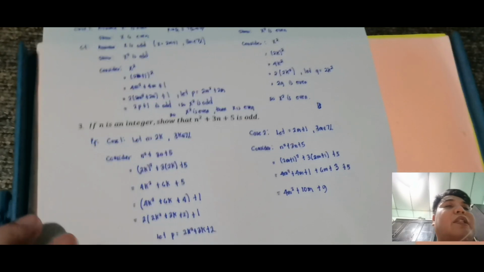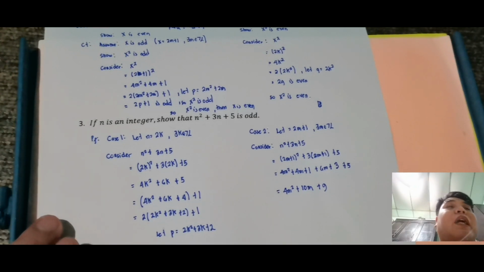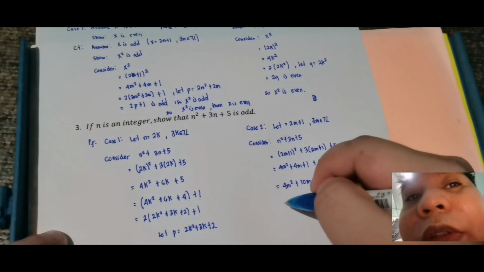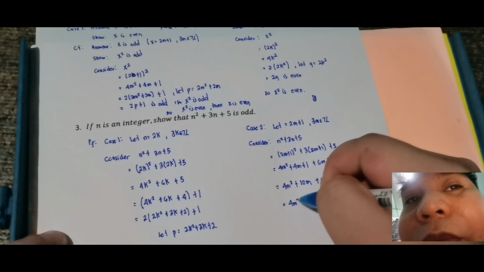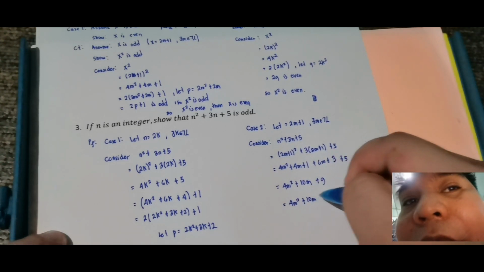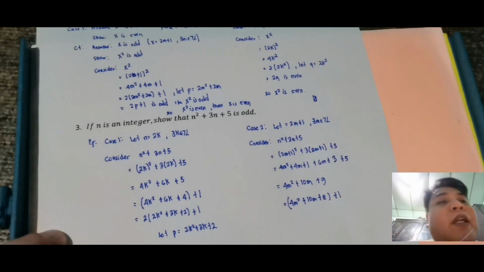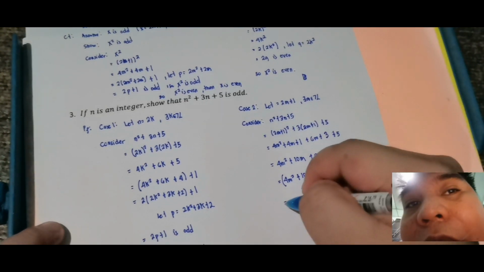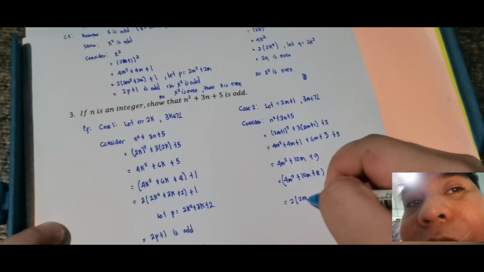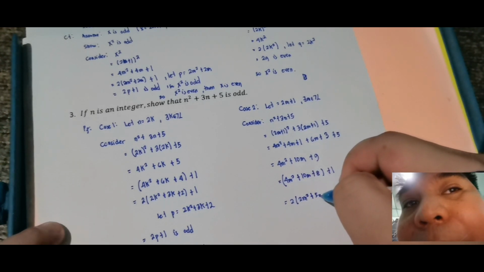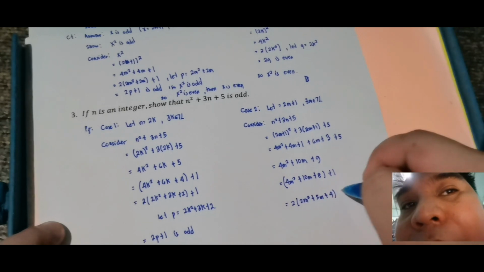Now, our goal: since the constant that came out is odd, we will probably split it again. So this is equal to 4m squared plus 10m plus 8, grouped, then plus 1. Then I factor out 2. That is 2 times 2m squared plus 5m plus 4, plus 1.